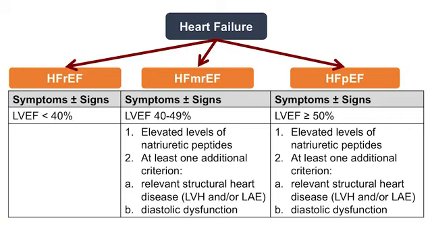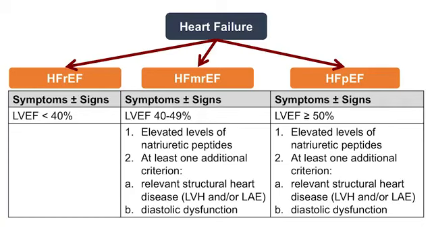On the other hand, we have HFpEF. This is heart failure with preserved ejection fraction, so pump function actually is normal. He has the same signs and symptoms as the patient with HFrEF, but normal ejection, normal pump function. But we have another problem. We have mainly a diastolic dysfunction, a problem in filling.